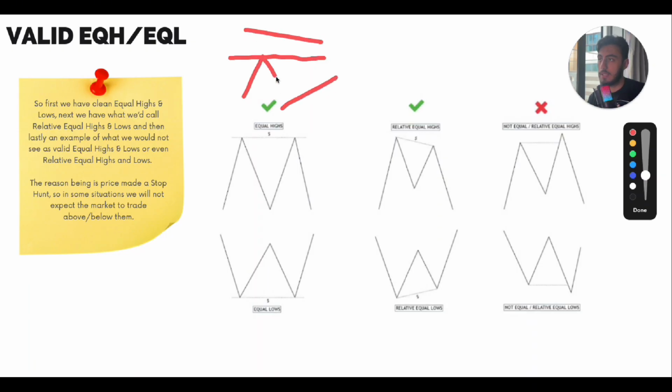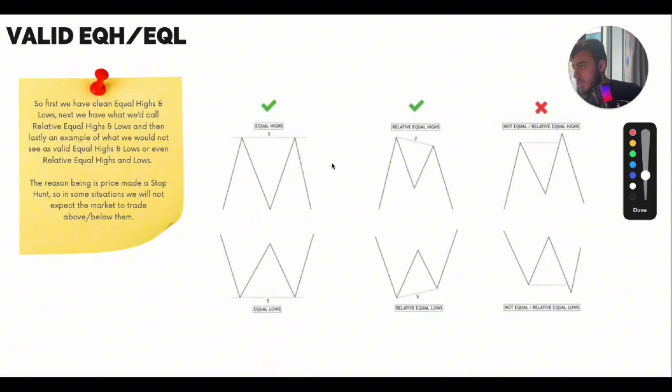The price respects the same level, or a little bit downside from the second point in the equal high, or a little bit up from the second point in the equal low. We call this a clean equal high or equal low, which is valid. The next one we call relative equal highs or lows, and then lastly we have the invalid equal low.